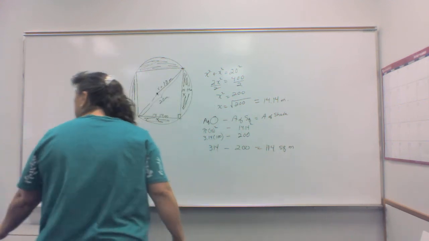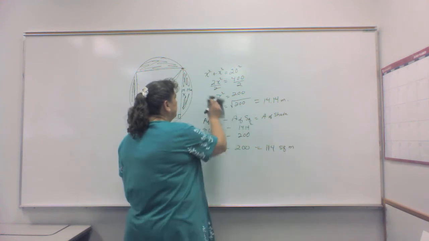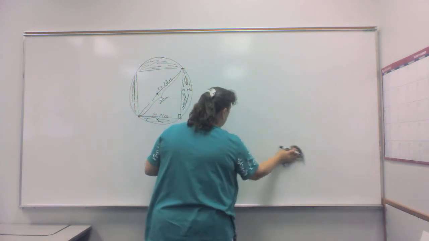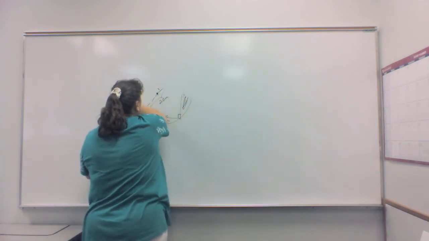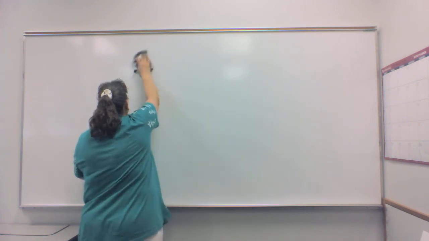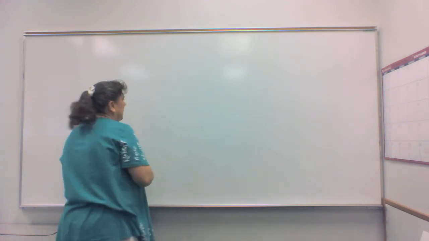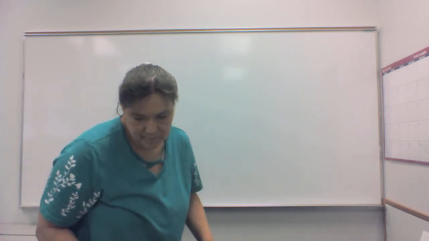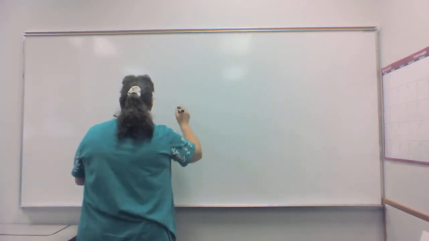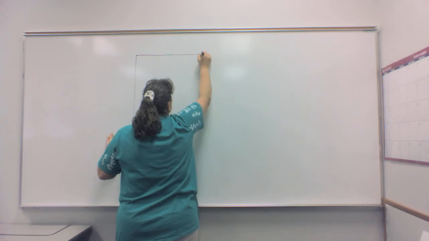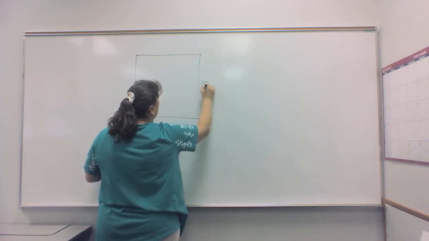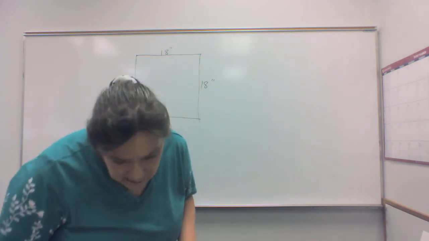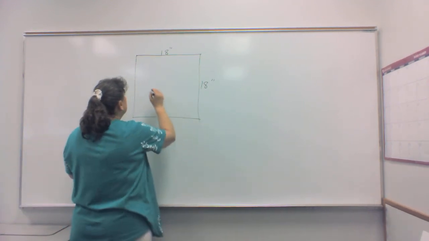Oh, let's see. There's a bunch of different ones. What else could we do? Let's look at this one. What if I have an 18 by 18 inch square, and across the middle, I have 3 cans?